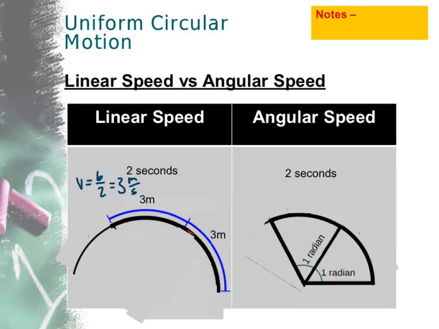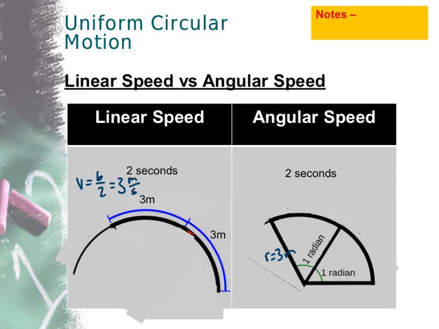Okay. Your angular speed, and we're going to assume that the radius of this circle is also 3 meters. So if the radius of this circle is 3 meters, and you've walked 3 meters around the circumference, you have gone an angular distance of 1 radian. So you have gone 1 radian in angle, and then if you were to take another second, so 2 seconds total, you would walk 2 radians.